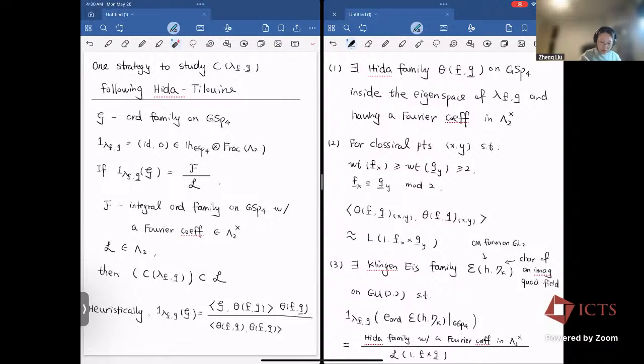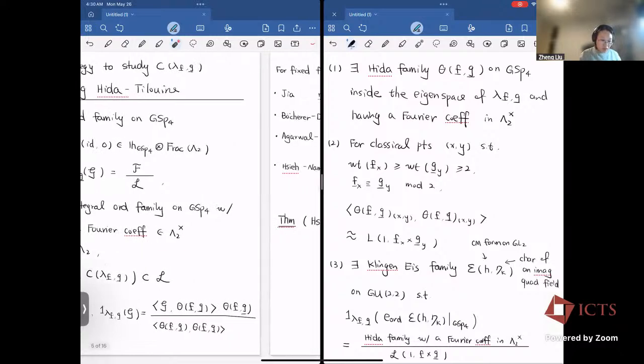So basically, combining with 1, in order to make sure the numerator has a unit Fourier coefficient, we need to study this Petersson inner product to make sure this actually is a unit.